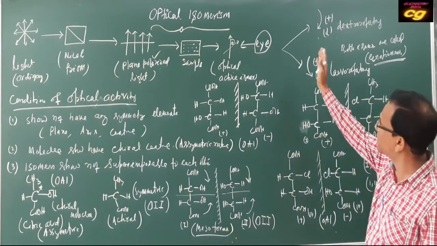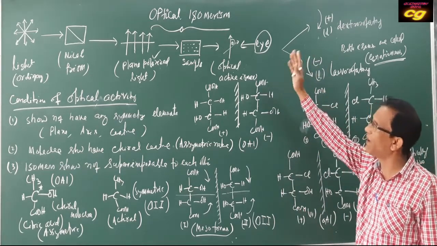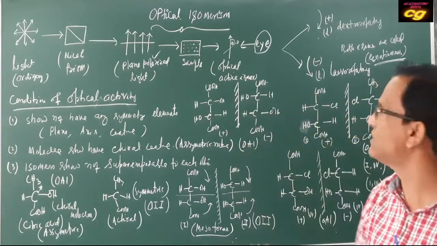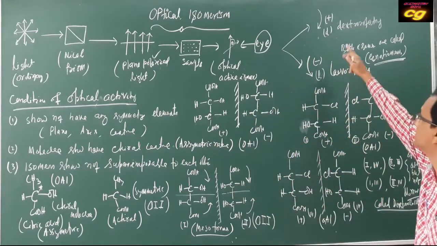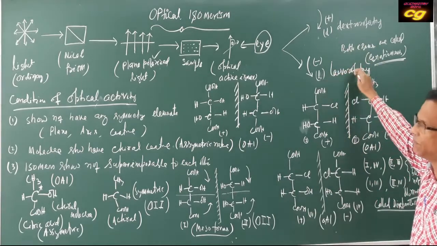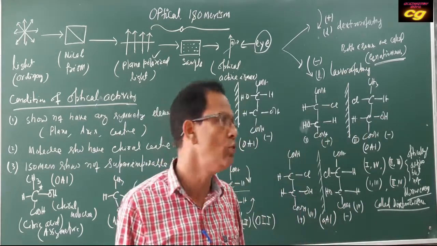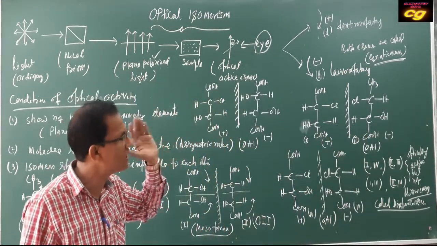When plain polarized light is passed through the optically active isomer, the light will be rotated either clockwise or anti-clockwise. If clockwise, that is dextrorotatory; if anti-clockwise, that is levo. And what are the conditions for optical activity? To get an optically active isomer, what should be the structure?